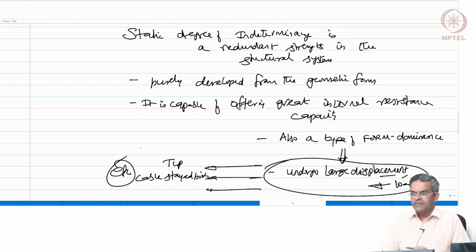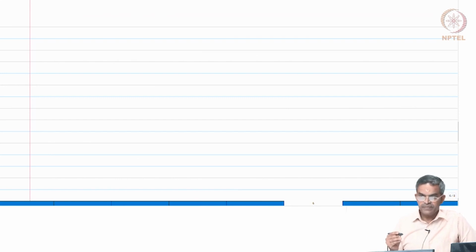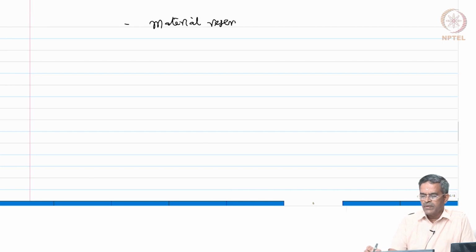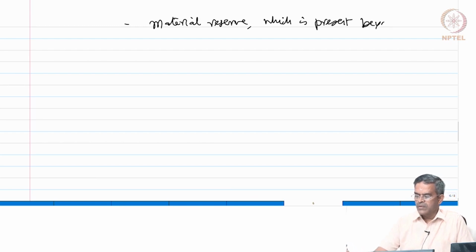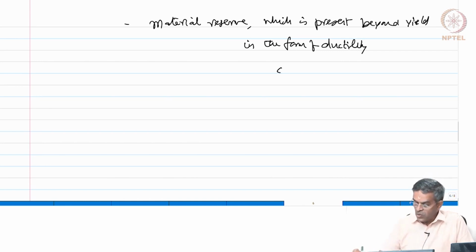Okay. Coming back to that, we understood that the static degree of indeterminacy is capable of offering a good internal resistance capacity. Okay. Having said this, the material reserve which is present beyond yield in the form of ductility can also add additional resistance, is it not?